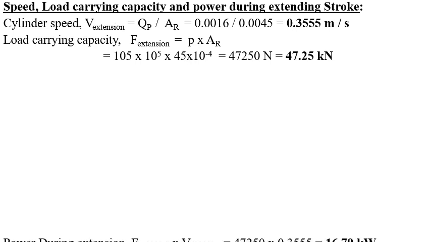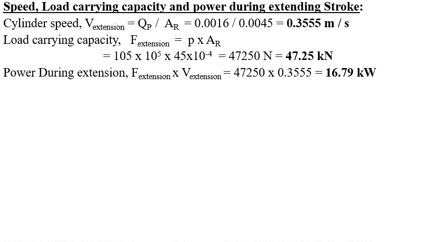Next we will move on to power. Power during extension, P equal to force into velocity during extension or force into speed during extension. We already got the values, so substitute those values in this equation. Force extension is 47,250 into speed during extension, that is 0.3555.